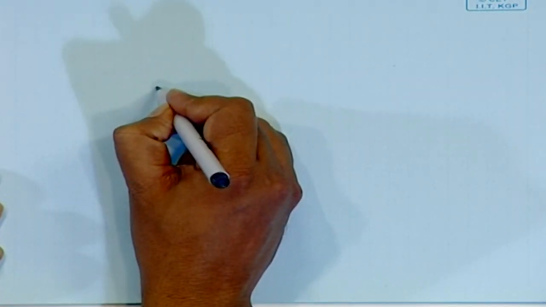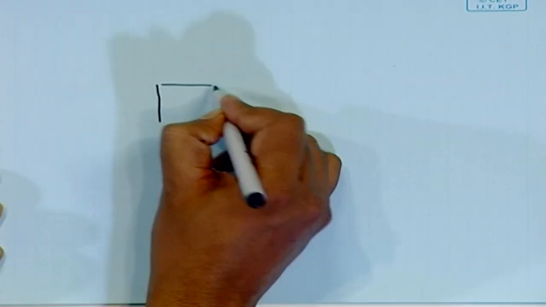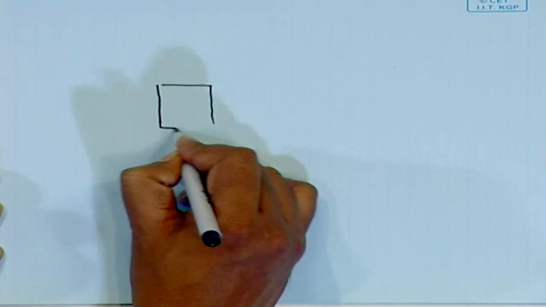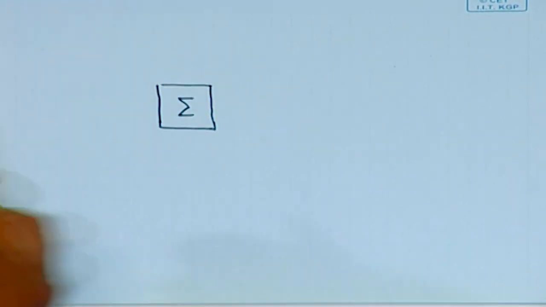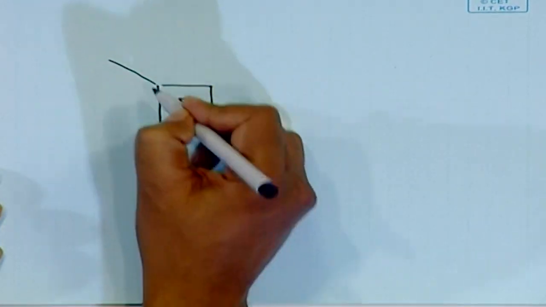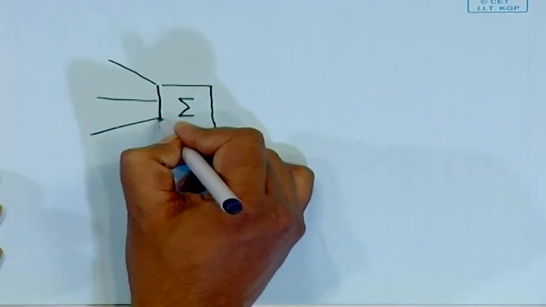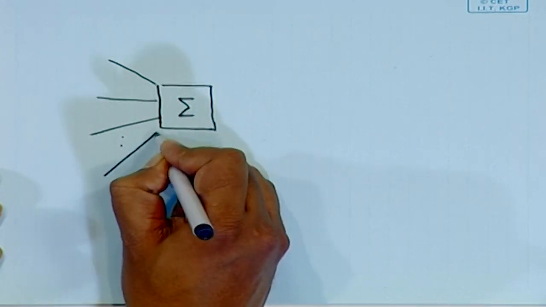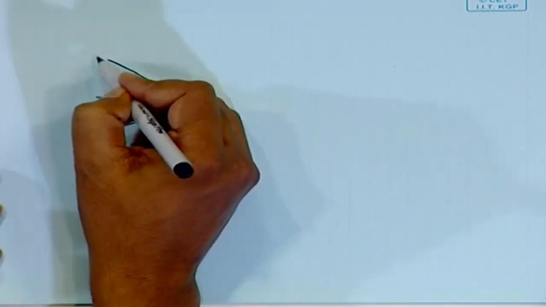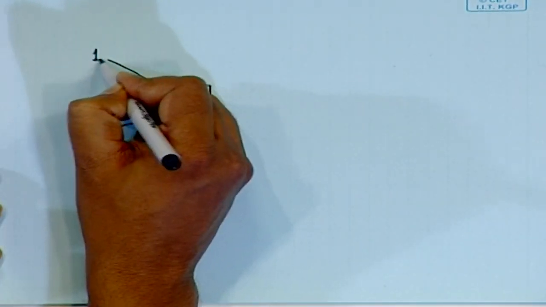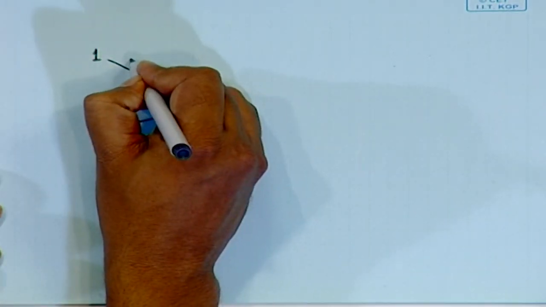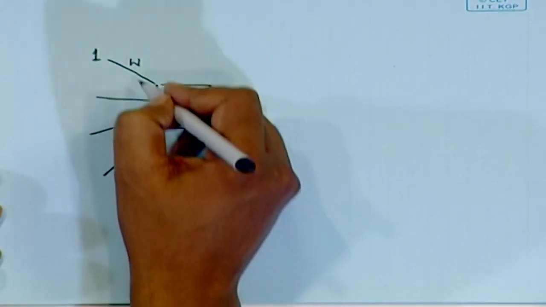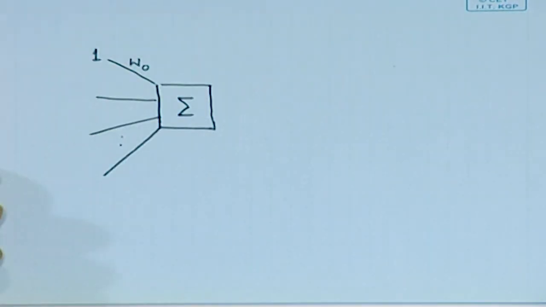What I can do is, let me draw the same neural model, where I have this addition and I have different inputs. One of the inputs I can put equal to 1 constantly, and the weight given to this corresponding input can be w naught.